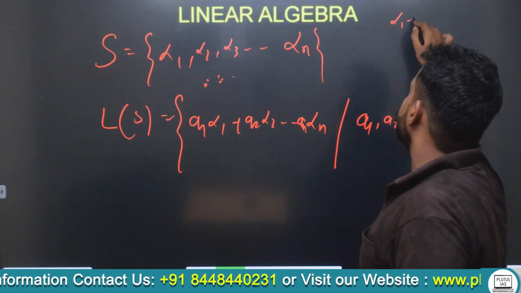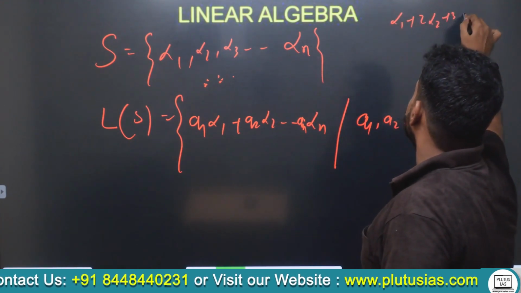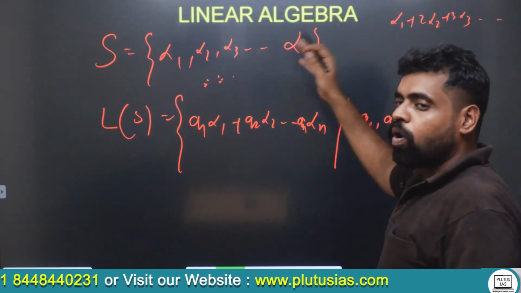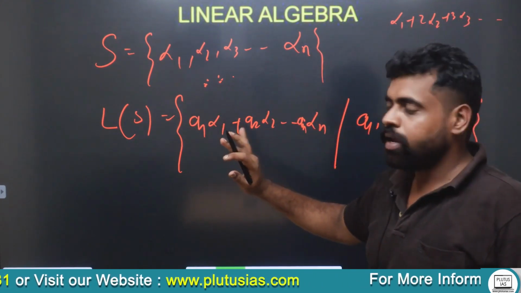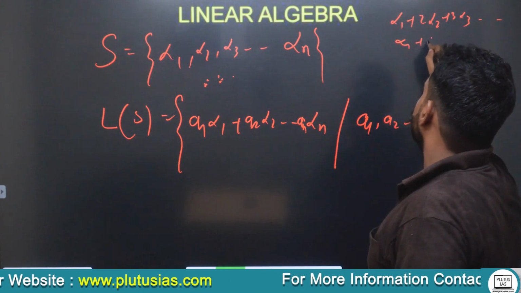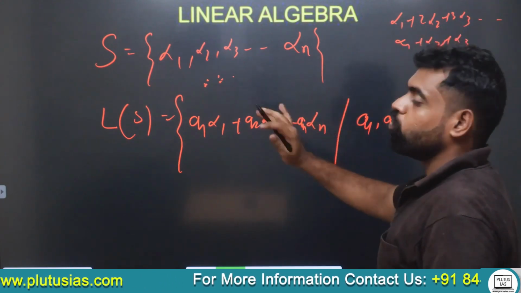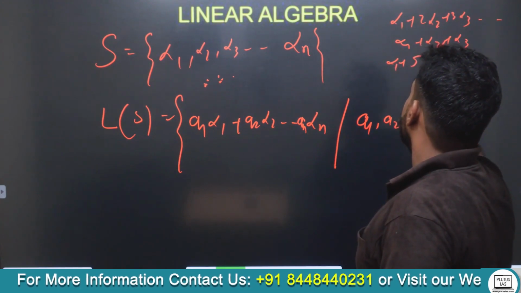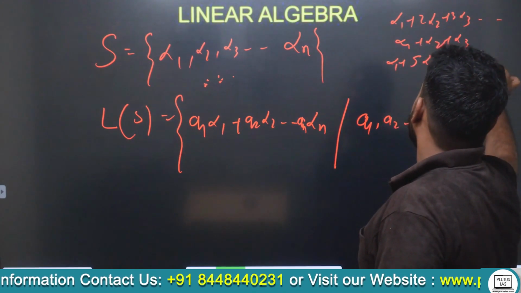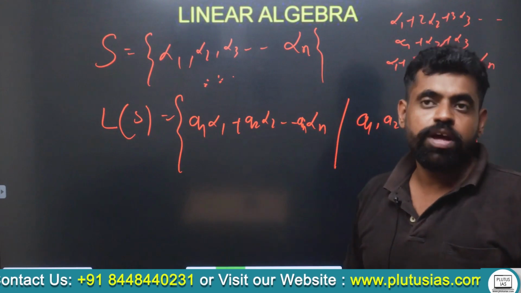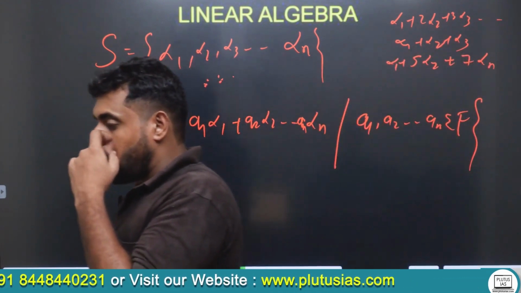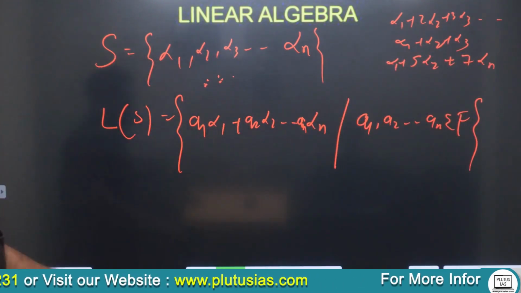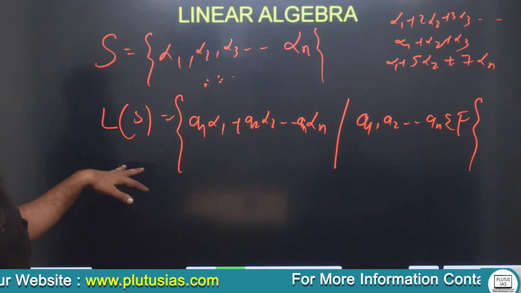Then alpha 1 plus 2 alpha 2 plus 3 alpha 3 belongs to this span. Alpha 1 plus alpha 2 plus alpha 3 belongs to the span. Alpha 1 plus 5 alpha 2 plus 7 alpha n belongs to this. So all those linear combinations belong to this linear span.